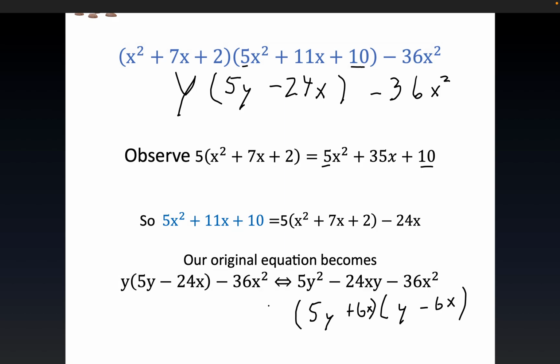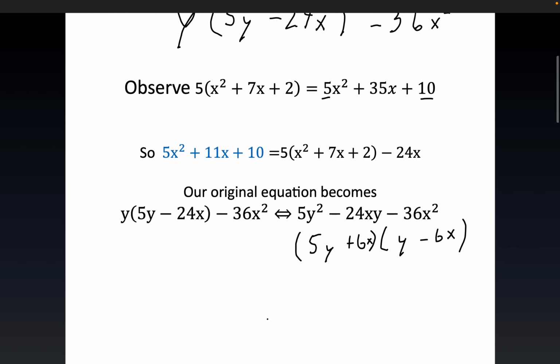So this would become, let me just write it underneath, 5x squared plus 41x plus 10. And I can't quite keep it on the screen for you guys. Sorry about that, but this is what I got right here.